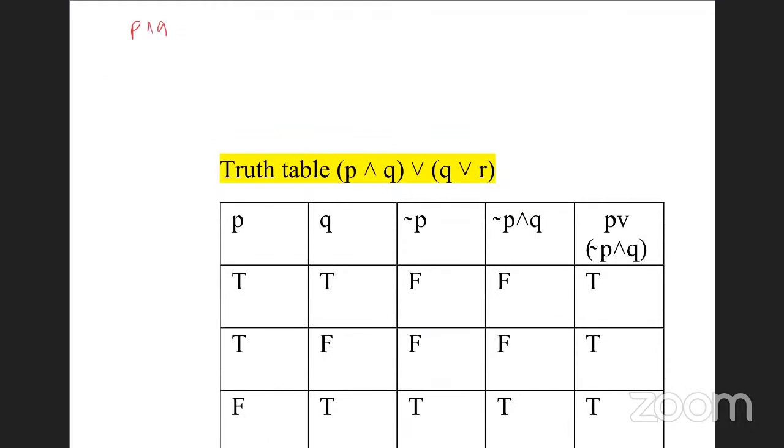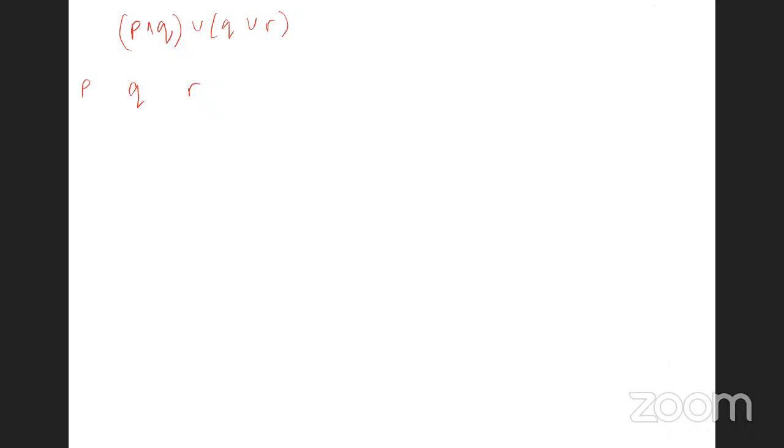So P and Q, or Q or R. I want you to set up this truth table, P, Q, R. Try that, please. P and Q or Q or R. Bring the truth table out in full, right?